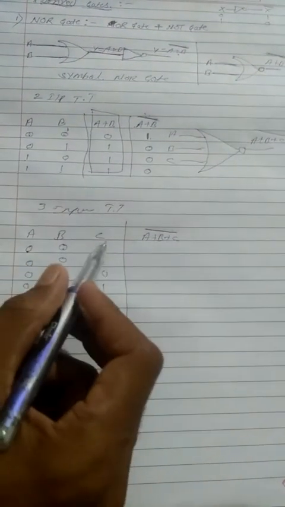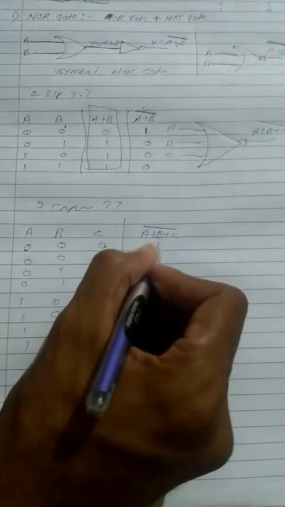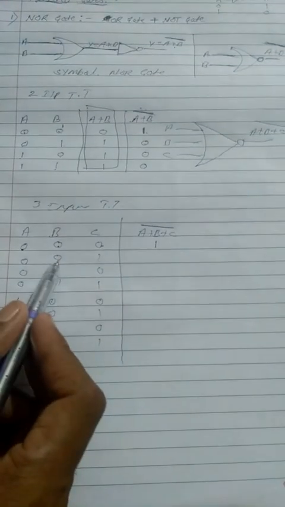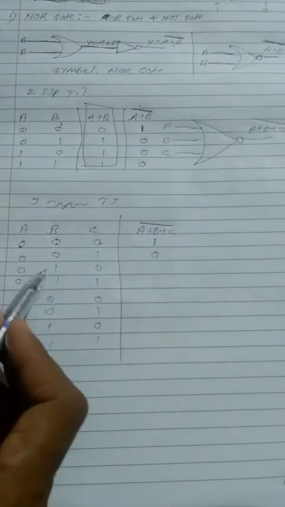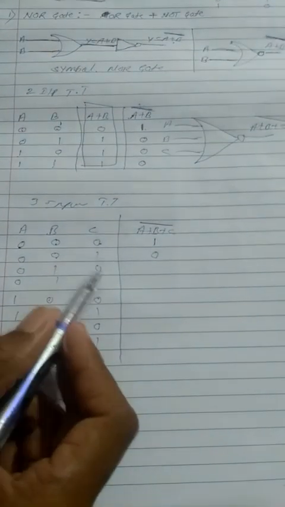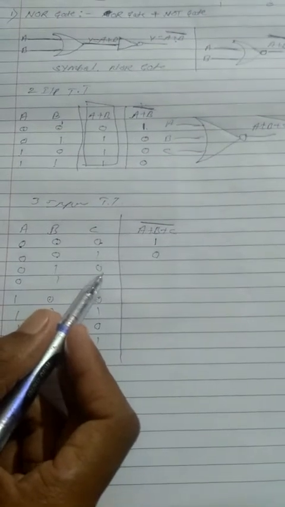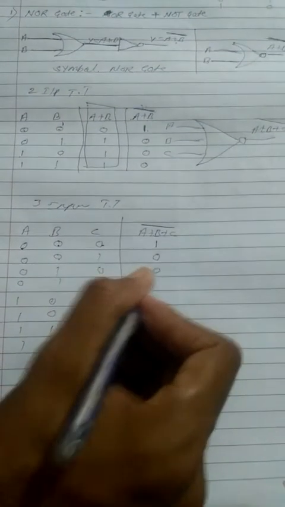0 plus 0, 0, 0 plus 0, 0, 0's bar, 1. 0 plus 0, 0, 0 plus 1, 1, 1's bar, 0. 0 plus 1, 1, 1 plus 0, 1, 1's bar, 0.